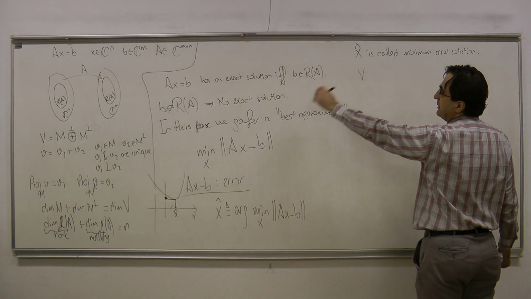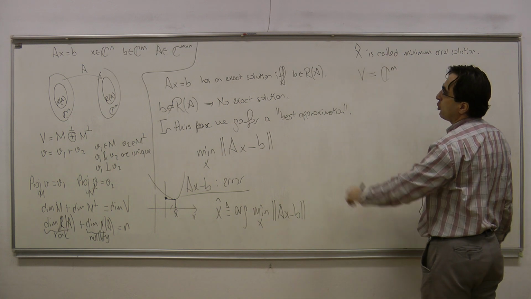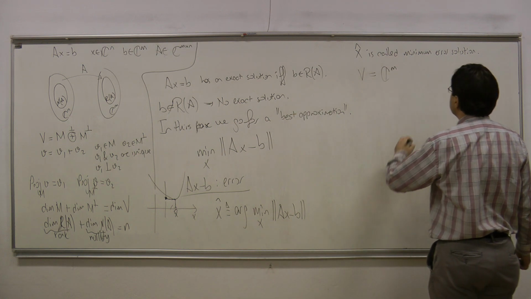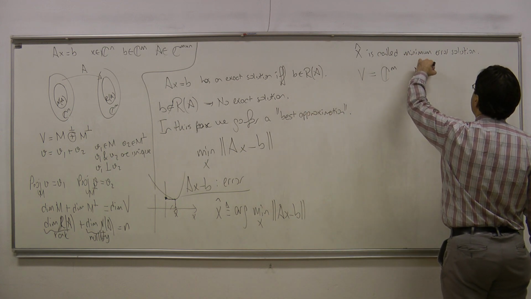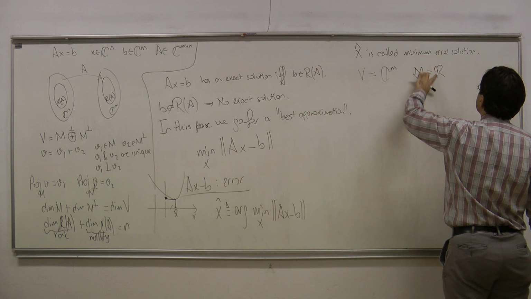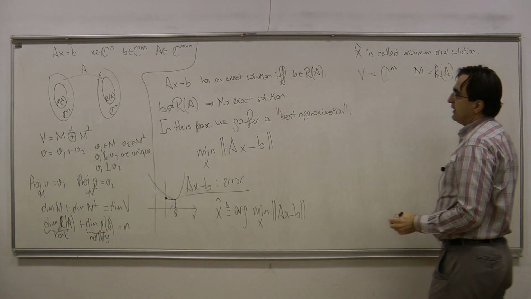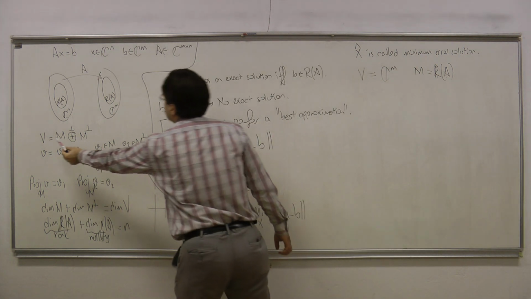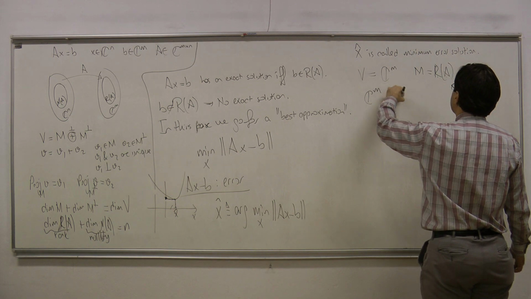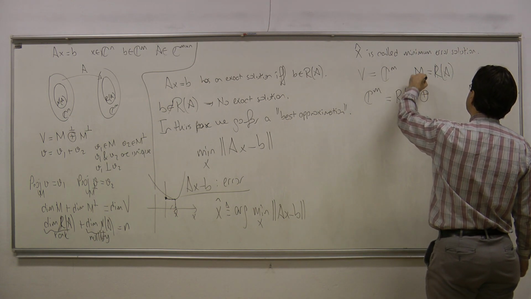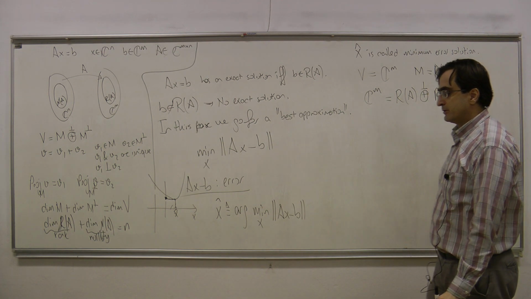I will choose my V in that theorem as C^m, the codomain of the linear transformation, the matrix A, and I will choose M as the range space of A. That tells me that V, which is C^m, is equal to the range space of A plus the range space of A orthogonal complement.